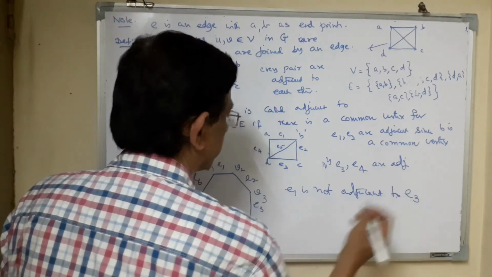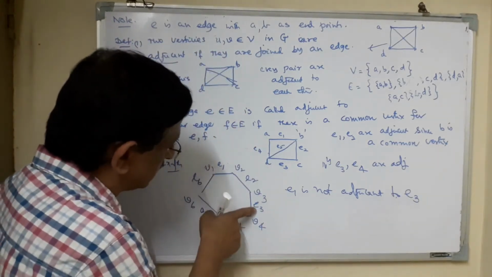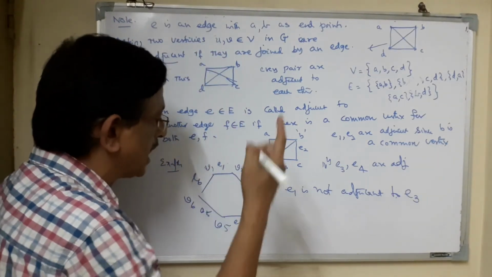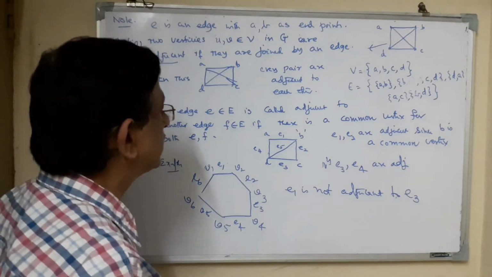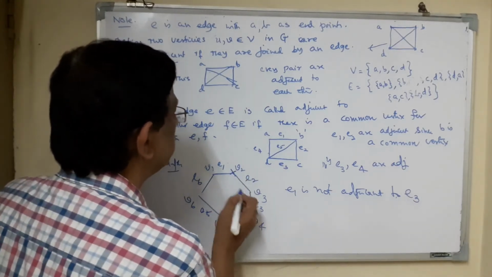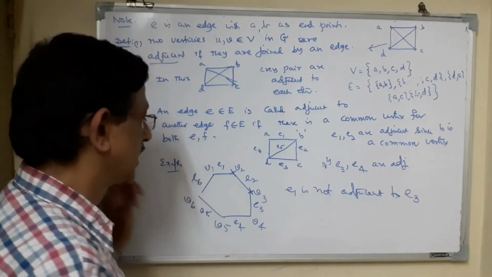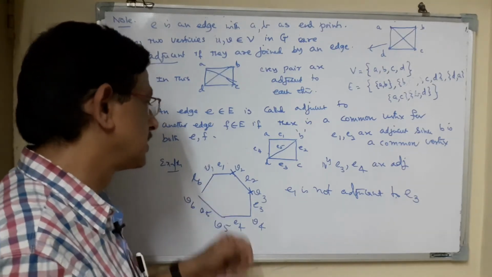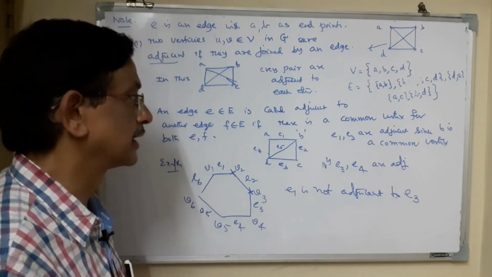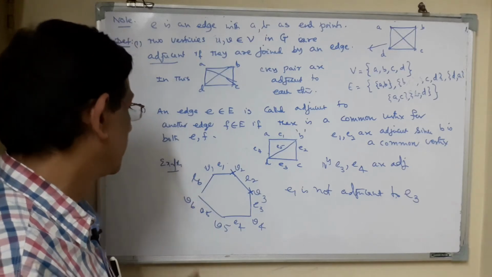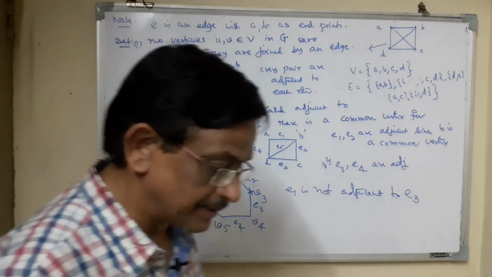E1 is not adjacent to E3, because there is no common vertex for E1 and E3. There are two vertices in between, namely V2 and V3, but none of them is common to both E1 and E3. So there are examples which are not adjacent.